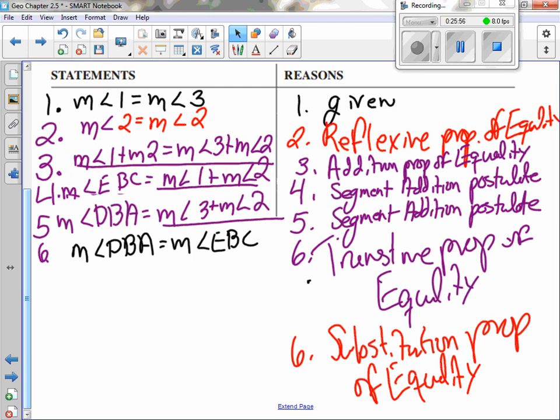Now, the textbook's is going to be, especially on your homework assignment, if we have something like this here, it's going to be substitution. Because the technical definition of this would be substitution. Because we're substituting this in for here and here.